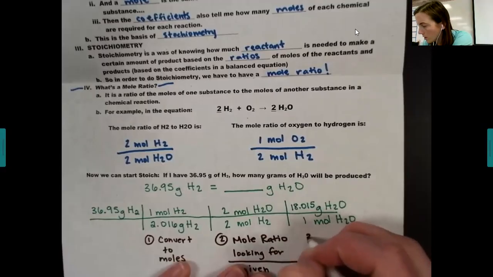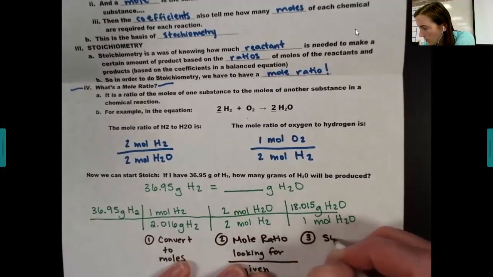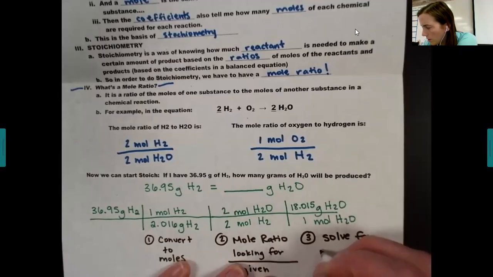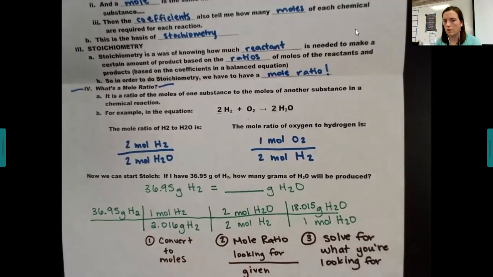Let me go ahead and write the third step: solve for what you're looking for. So that's 3-step stoichiometry: convert to moles, use our mole ratio, and solve for what you're looking for.